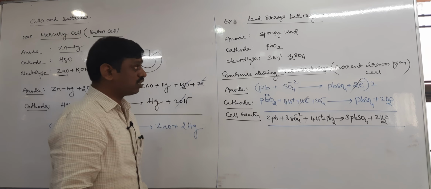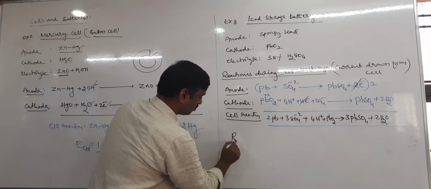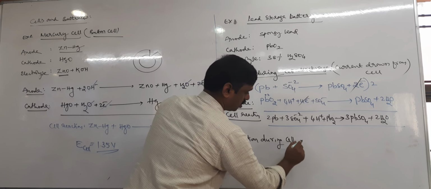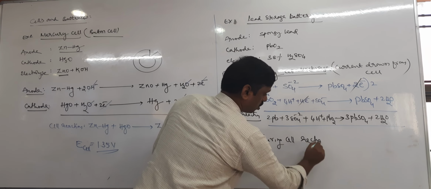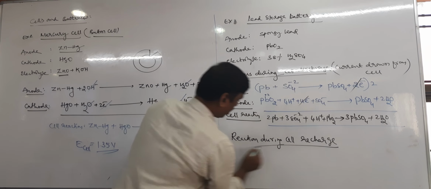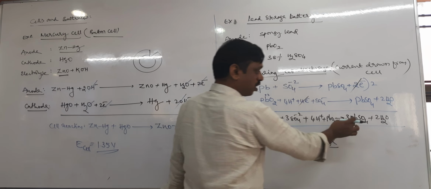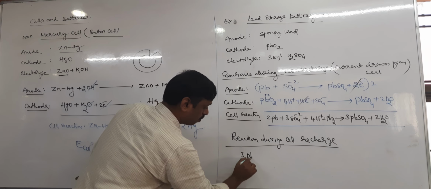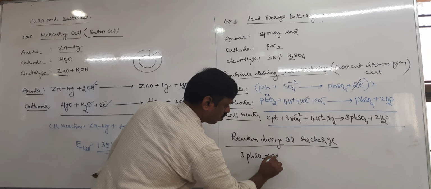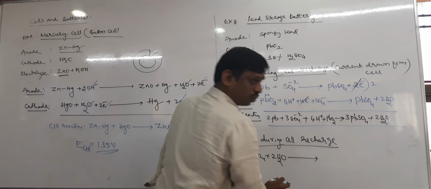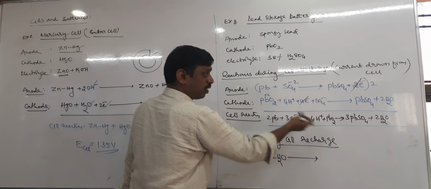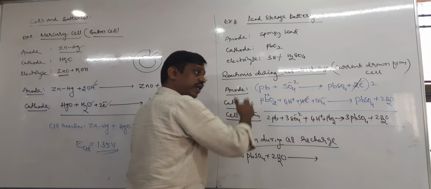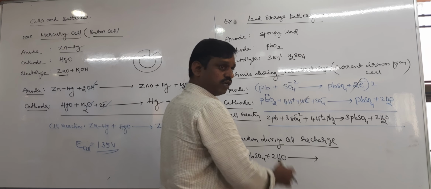Now what is the reaction during the cell recharge? Cell recharge is exactly opposite. So here the product is PbSO4 plus 2H2O. Now the reactant becomes PbSO4 plus 2H2O, and the products become the reactants, in order to get current again from the cell reaction.